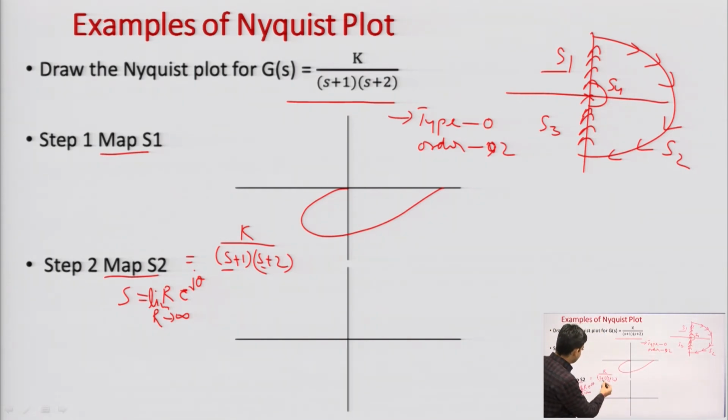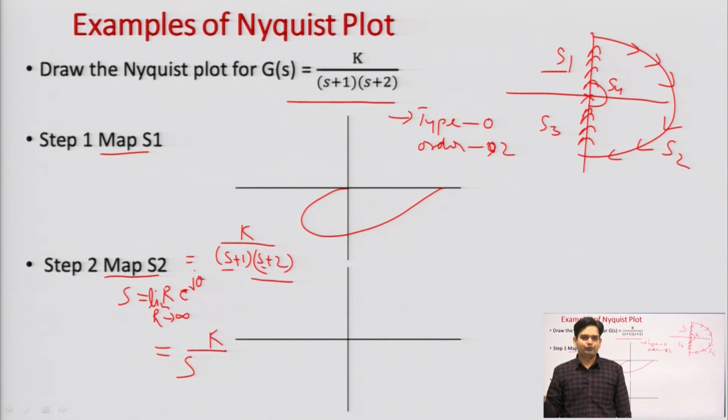So, s compared to 1 is very high, and we can neglect 1 here, so this becomes k over s. In the same way, for s plus 2, if s is tending to infinity, its value is very high compared to 2, so we can neglect 2 also. This becomes k over s square.